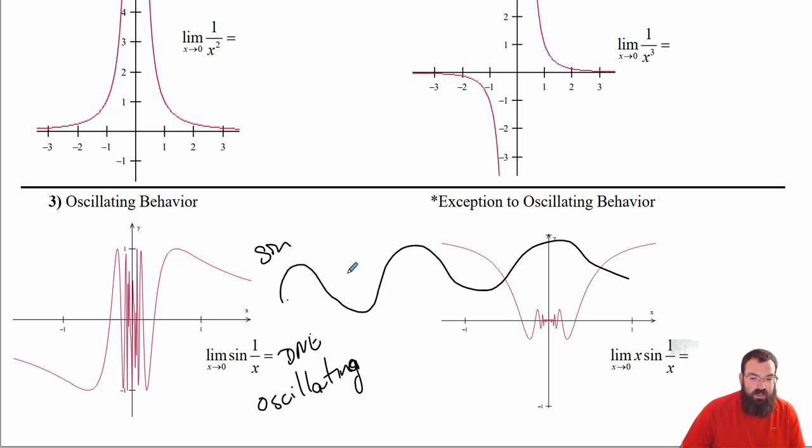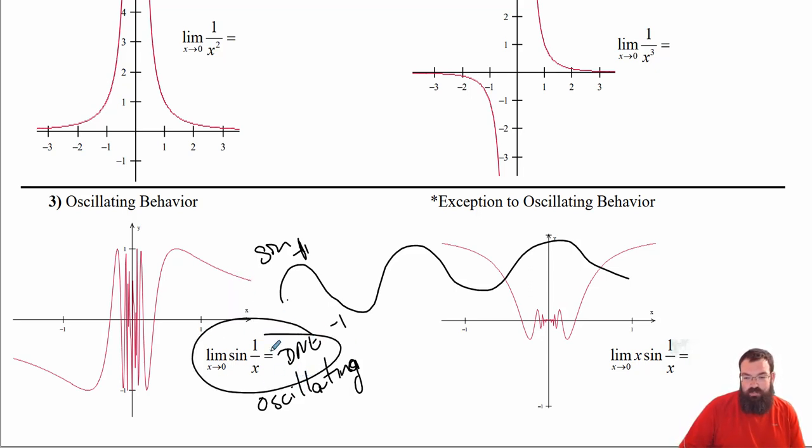And so it's oscillating between different values, between -1 and +1. And here, it's oscillating between those two values, but at any given point, it's not condensing to one number. So it could be really high here, really low, really high. So it just alternates, way too much oscillating behavior to determine if this is a real limit or not. So that's why this one is a does not exist.